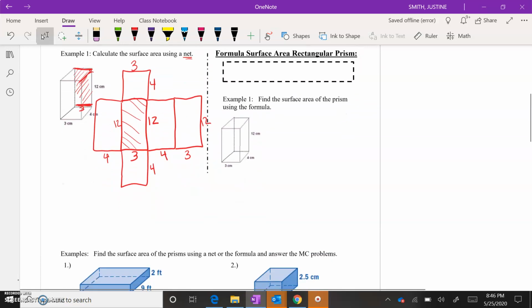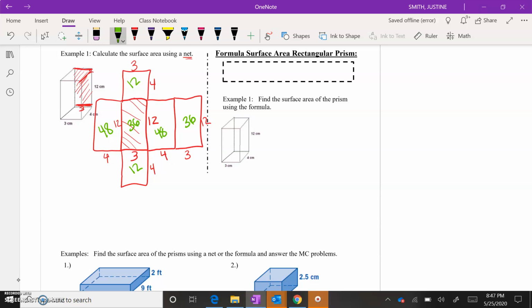So what I could then do is calculate the area of all of these different rectangles. 3 by 4 up here is 12, 3 by 4 is 12, 12 by 3 here is 36, another 12 by 3 is 36, 12 by 4 is 48, and another 12 by 4 is 48. Then I could just add those all up.